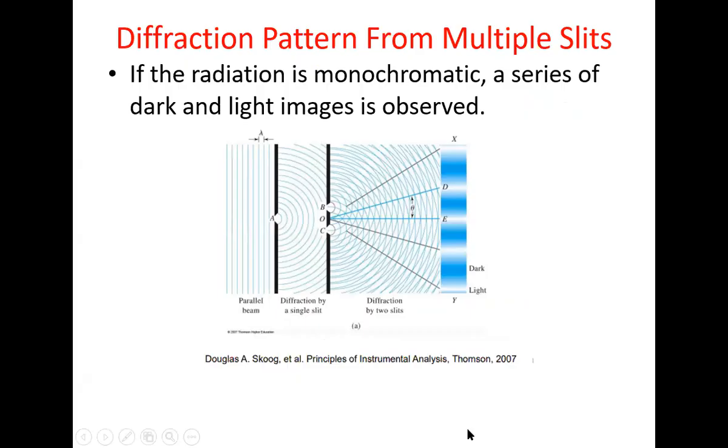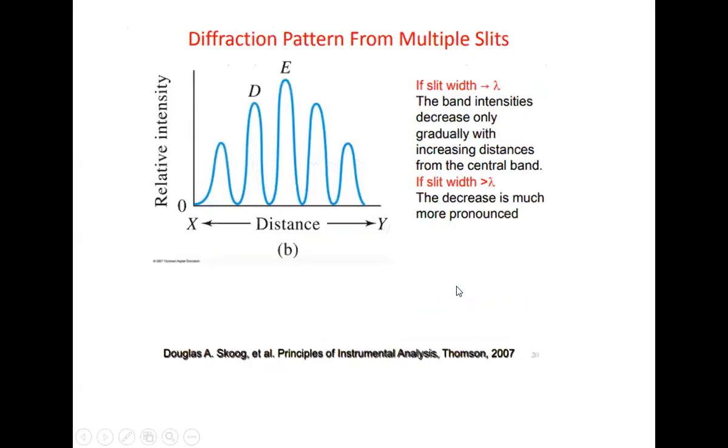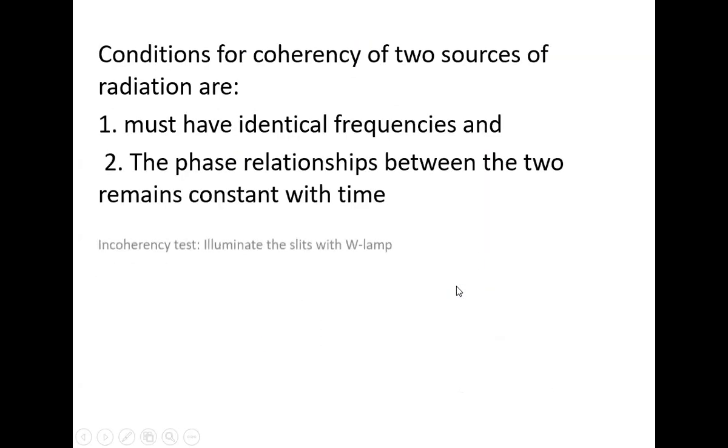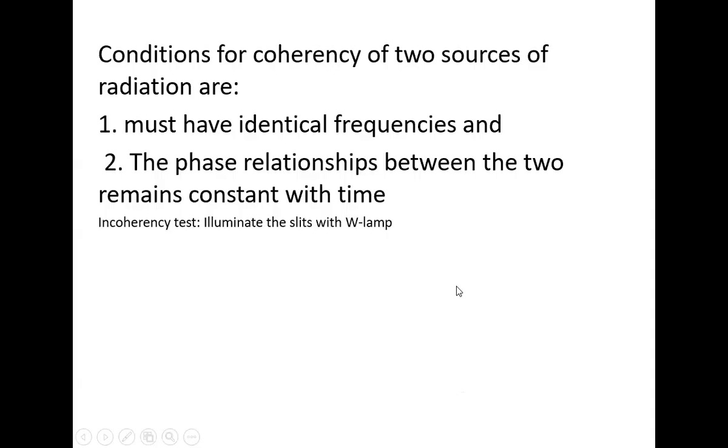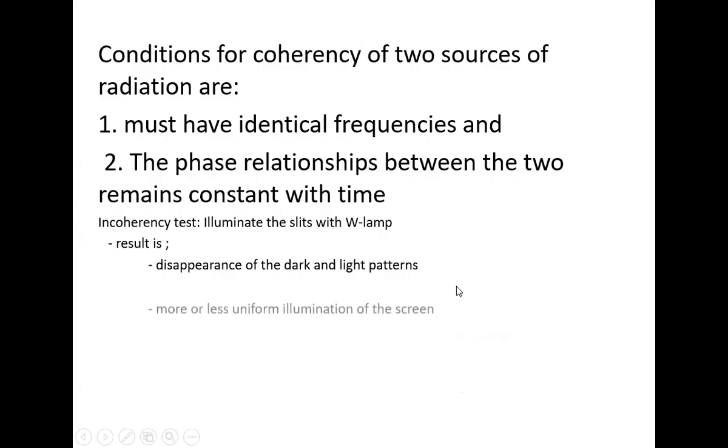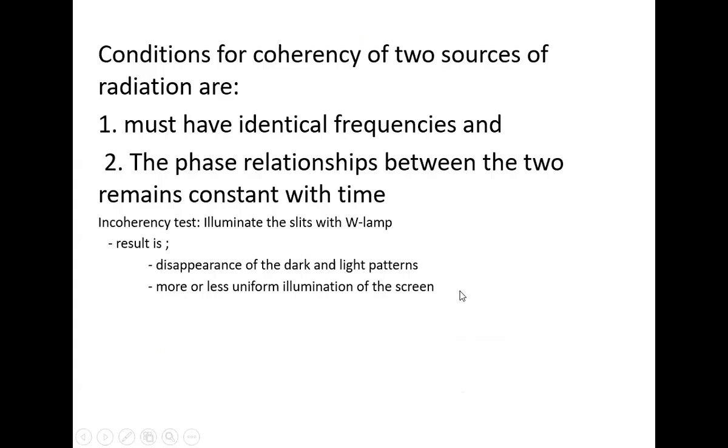So you have this kind of pattern from multiple slits. Now, if you want to test for incoherency, you just illuminate the slits with the tungsten lamp, and the result will be the disappearance of the dark and light patterns. That means they're incoherent. And the reason is that a more or less uniform illumination of the screen will be there. And this is important. That's how you test for incoherency.